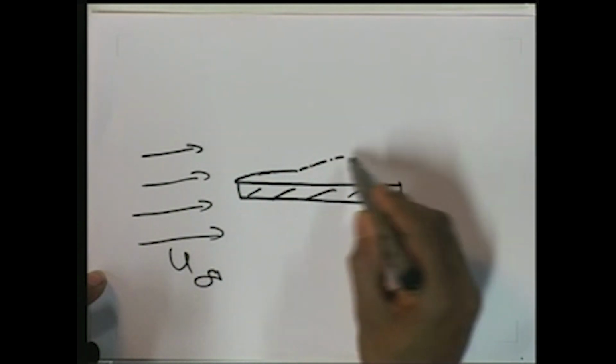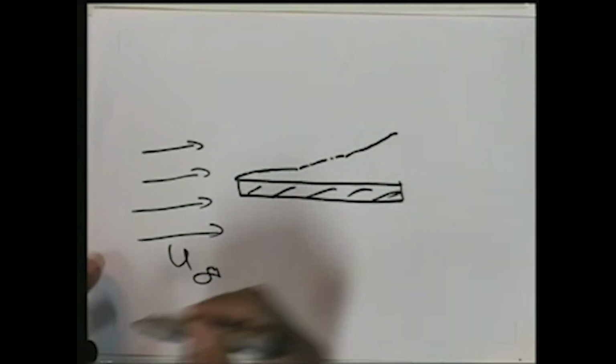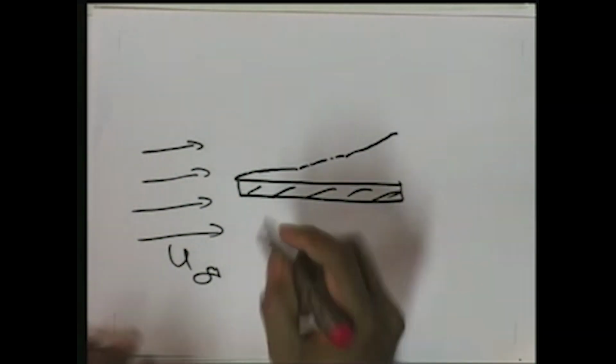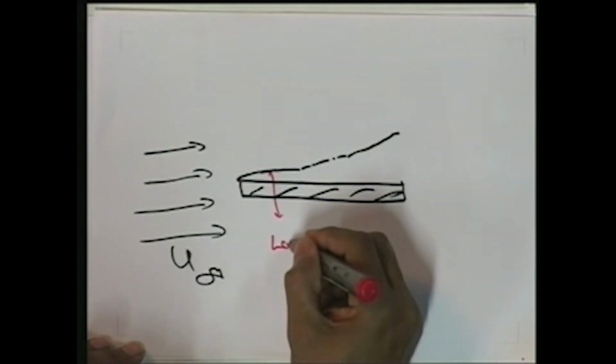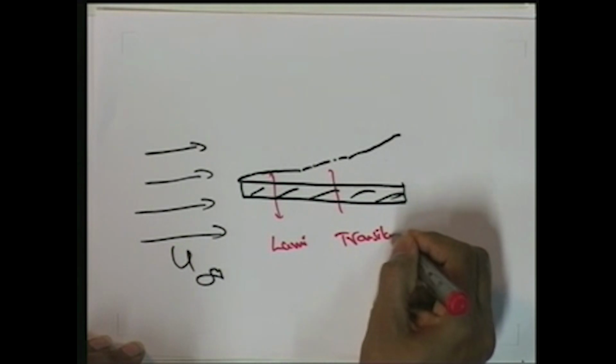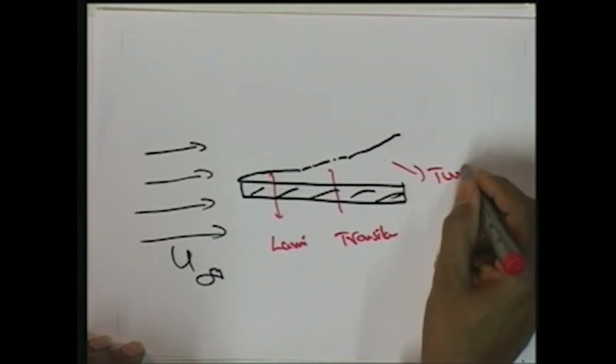Initially the boundary layer will be laminar and then it becomes turbulent. So, this is the general pattern: this is the laminar boundary layer, then here there is a transition, and then here it is turbulent.